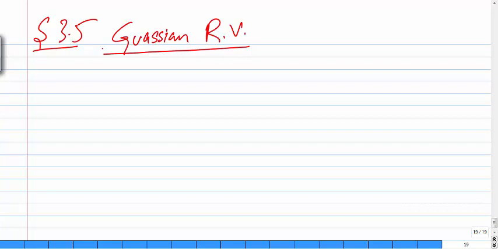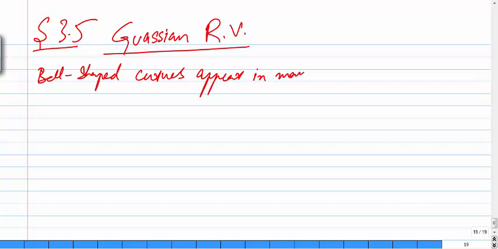Gaussian is actually a bell-shaped curve that appears in many applications of probability theory.